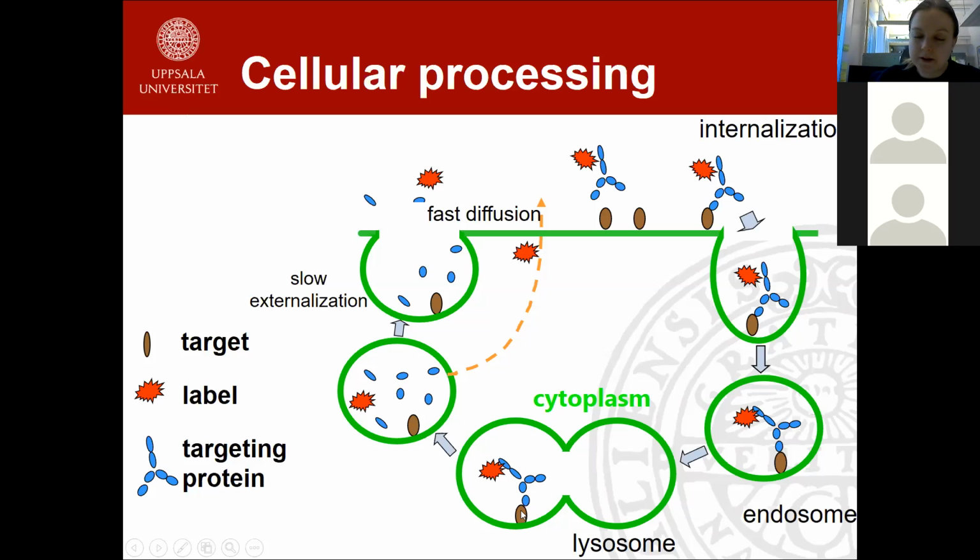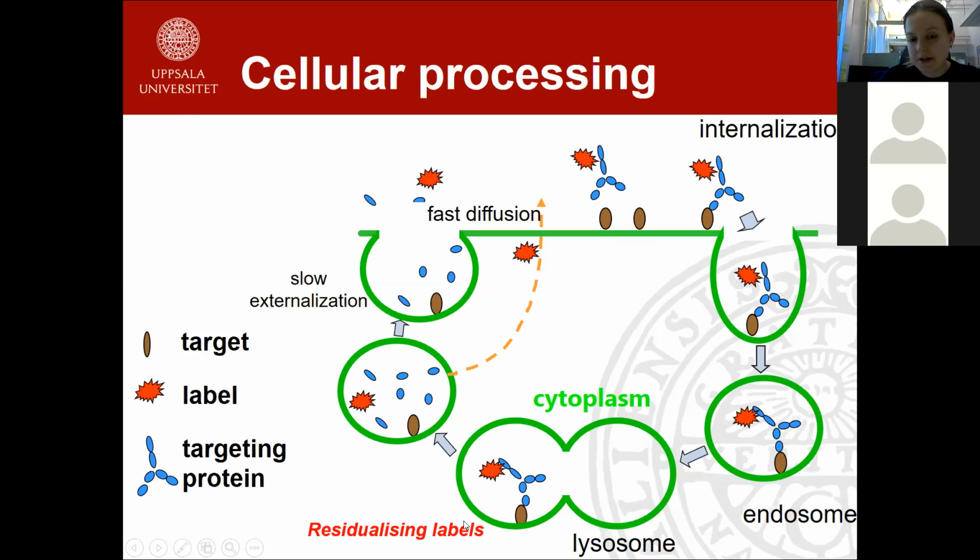And maybe you remember that in the lysosomes, the environment is quite aggressive, so it's acidic pH, and there are enzymes that can basically destroy our protein, and chop up the protein into small fragments. Some of these fragments will still carry the radioactive label, and depending on the nature of the label, if it's a halogen or a metal, it will either diffuse outside of the cell or it will stay inside the cell.